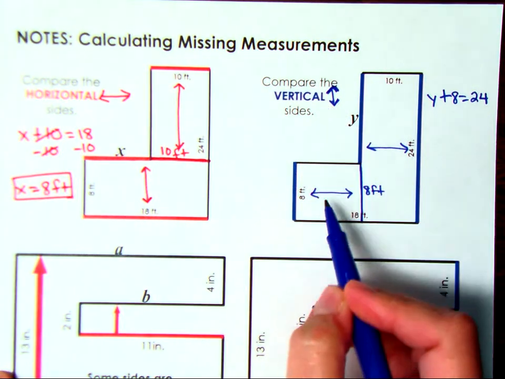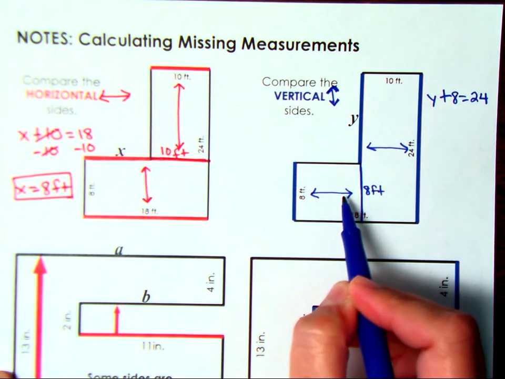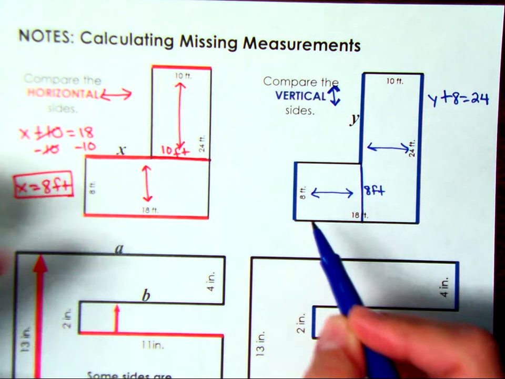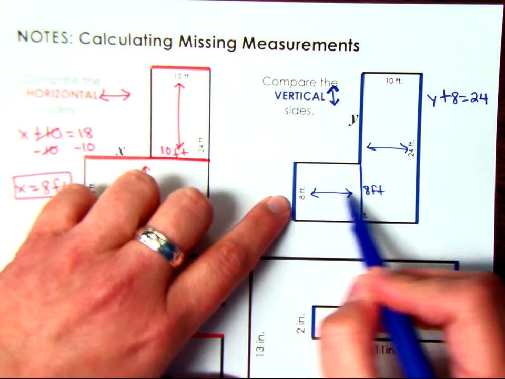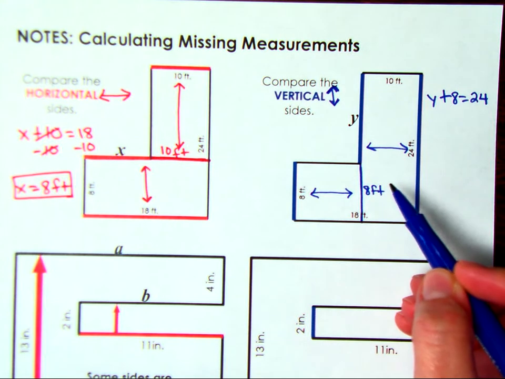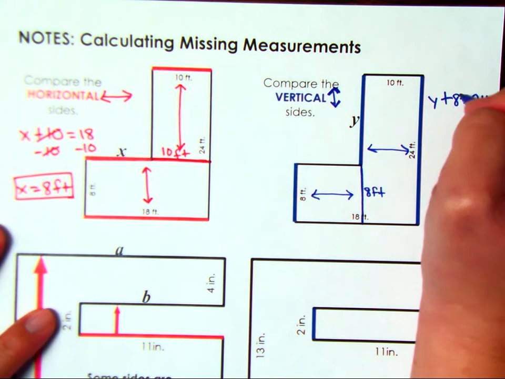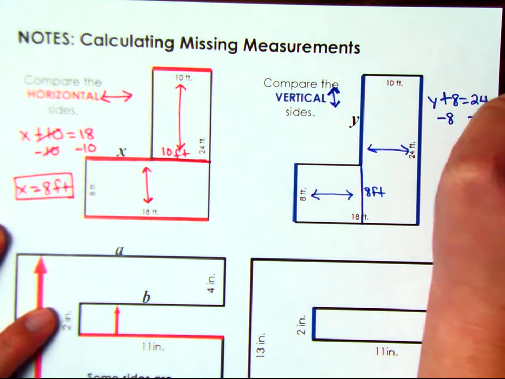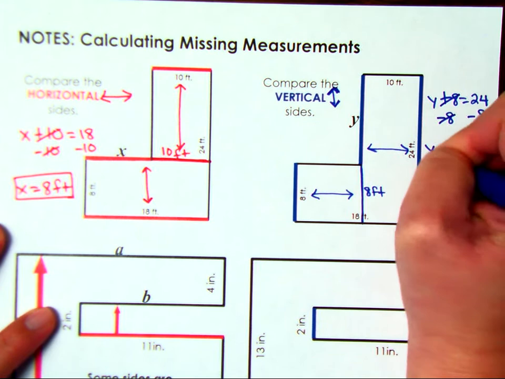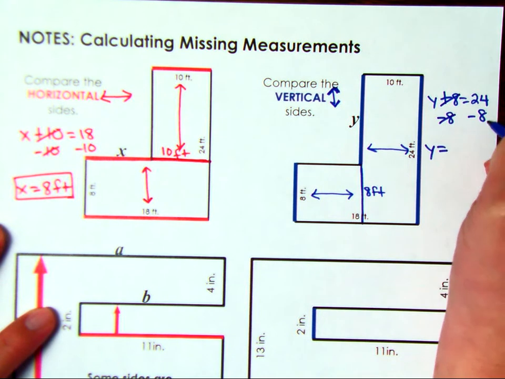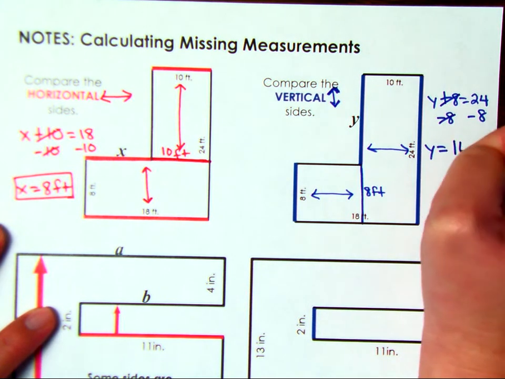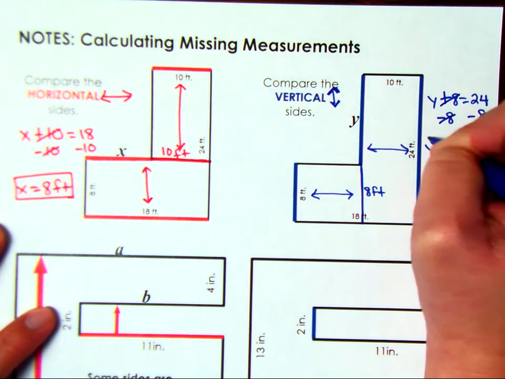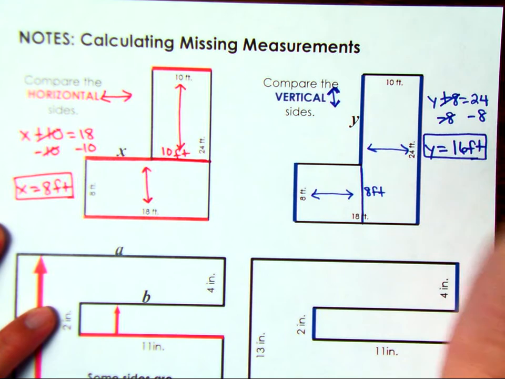And this says vertical, but these lines right here and arrows are horizontal. That's just showing the opposite side lengths are parallel and congruent to those rectangles. That's all that means. So the opposite of adding 8 is subtracting 8. We're trying to get y by itself, and 24 minus 8 is going to be 16. And don't forget your unit, 16 feet.